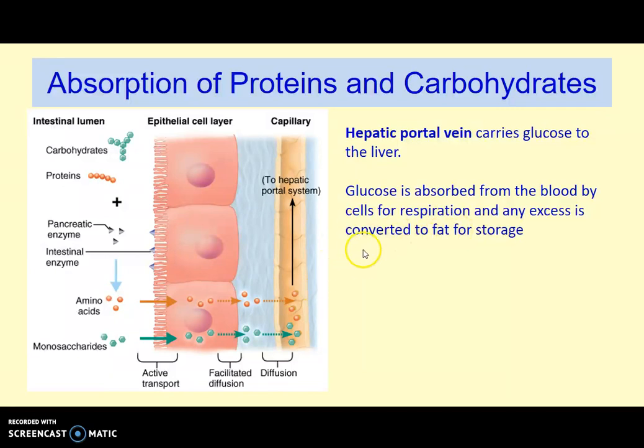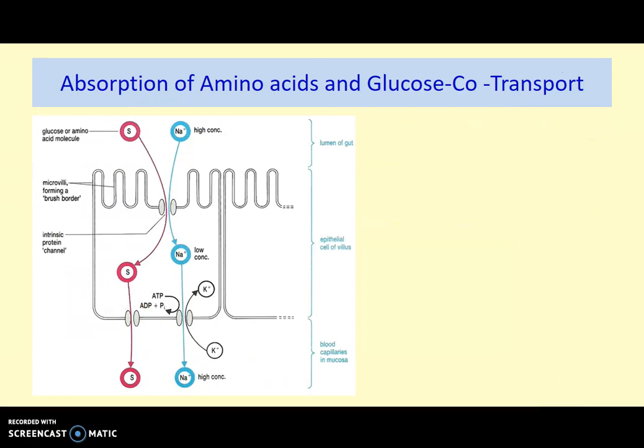Excess glucose will be converted to fat. So at this point, I would urge you to pause the video and in your booklets have a go at writing out what is happening in terms of absorption of amino acids and glucose co-transport. You have done this in the transport across membranes module, so this will be like a revision activity.